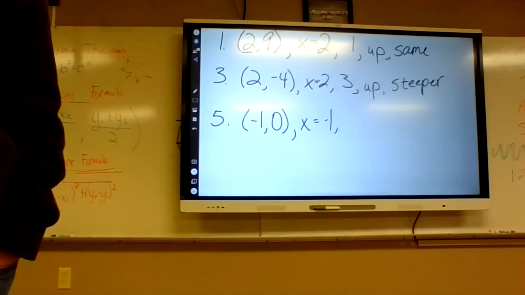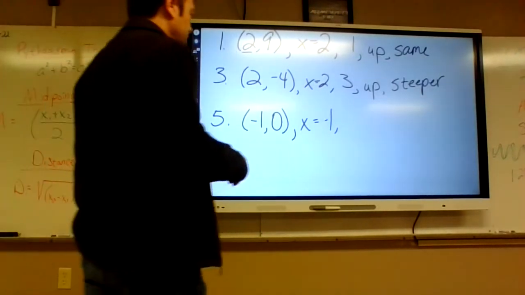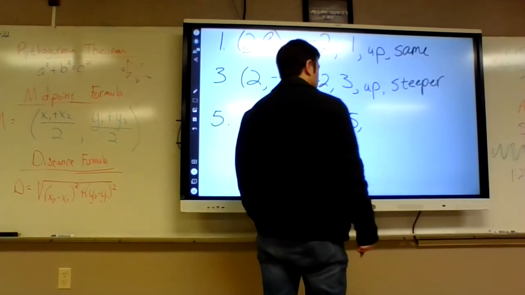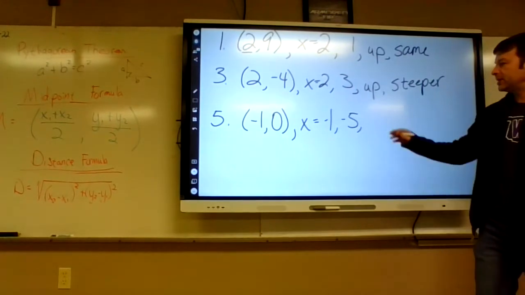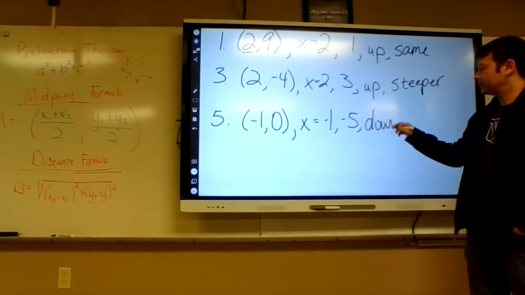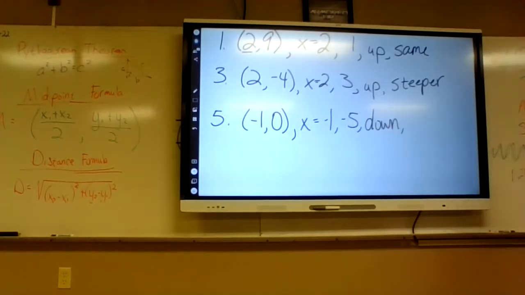Okay, what's the value of a? What's the front value? Negative 5. Okay, is that going to open the graph up or down? Down. Negative in front opens the graph down. Is it going to be steeper or flatter than normal?